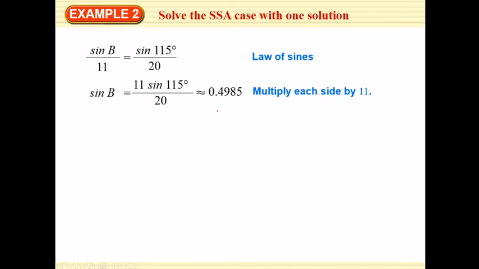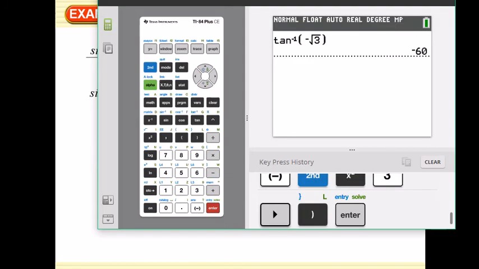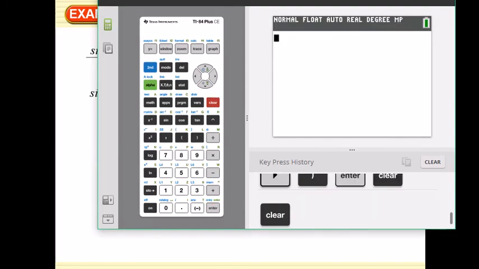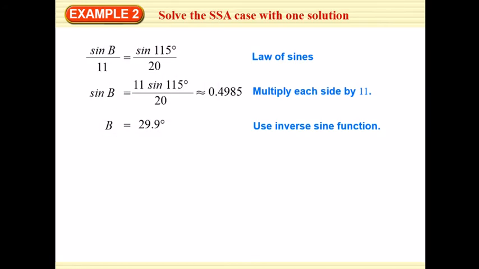So in the next step, they use that inverse sine function. On your calculator, that's pressing the second button, and then pressing sine inverse. You should be able to use that.